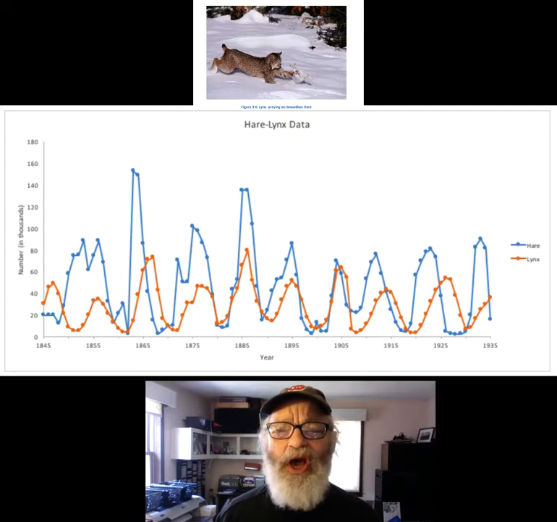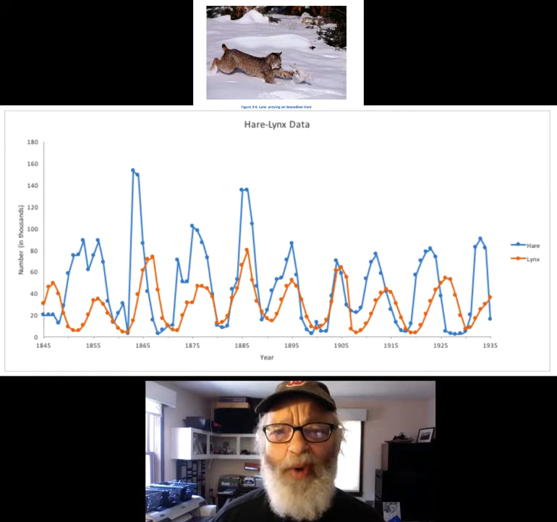And what you see in this chart is a rise, a J-shaped curve, of the snowshoe hare population growing in blue, and then you see a rise in the lynx population. There's more for them to eat. As the rise in lynx population comes a crash in the snowshoe hare population, and the cycle starts all over again.